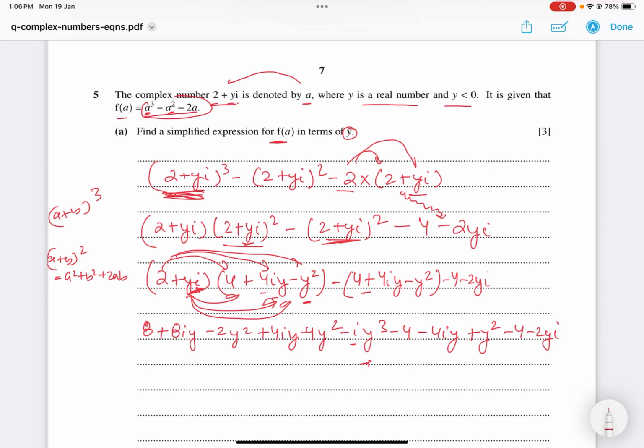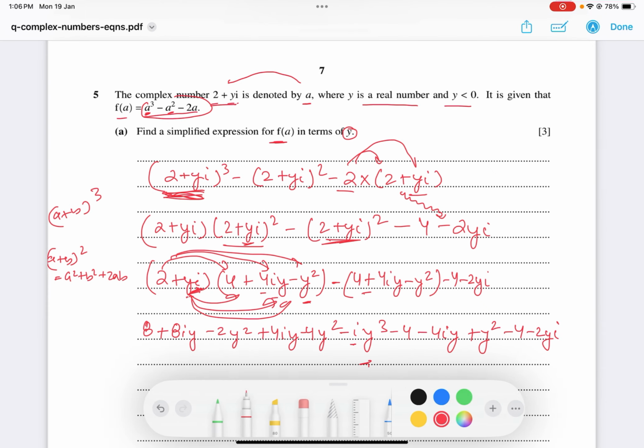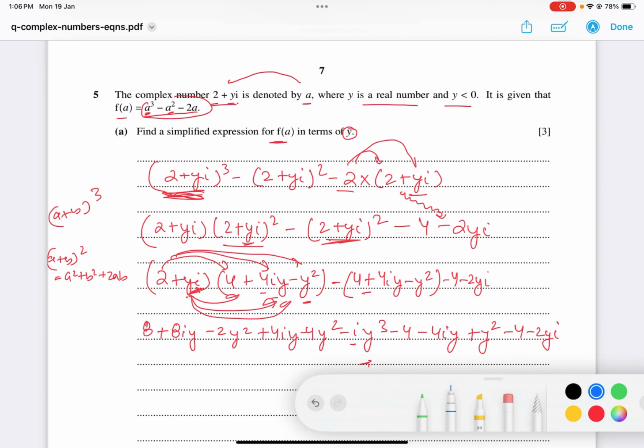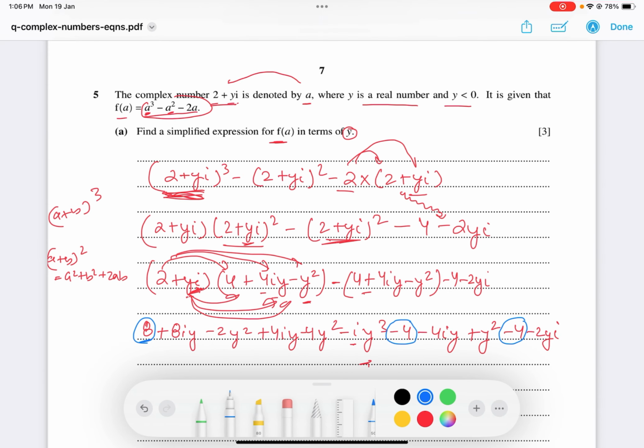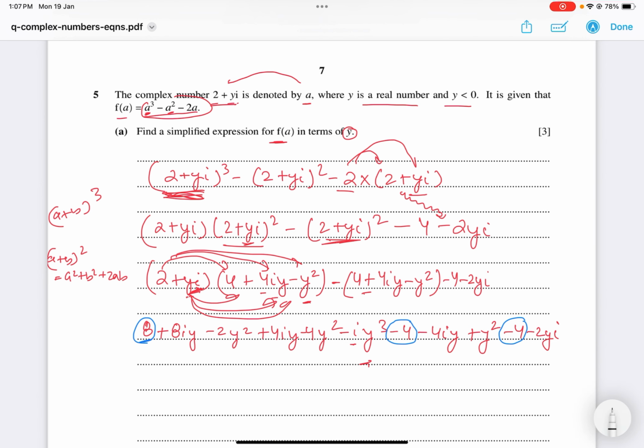First of all, let us use blue color for underlining the constant terms. This is constant, and this one is constant, and this one is constant. Now let us use black for the imaginary terms, iy terms.